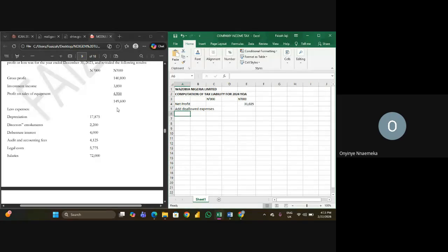Now let's look at the expenses one after the other. The first thing here is depreciation. Depreciation is a disallowable expense, right? So you pick depreciation.